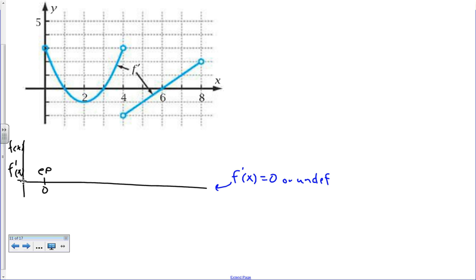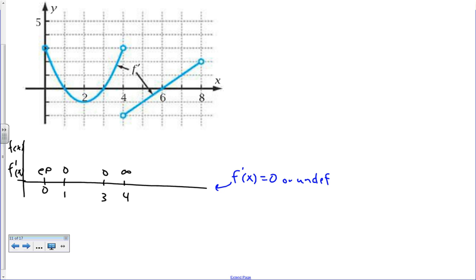axis. So I can see that we are equal to 0 right at 1. So 1 is a critical point for us, and f prime is 0 there. It looks like at 3, f prime is 0 again. It crosses the x-axis there. At 4, this is undefined. I'm going to go ahead and just write that it's infinity there.